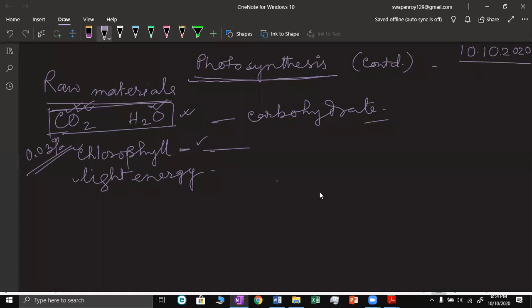Chlorophyll is a photosynthetic pigment.